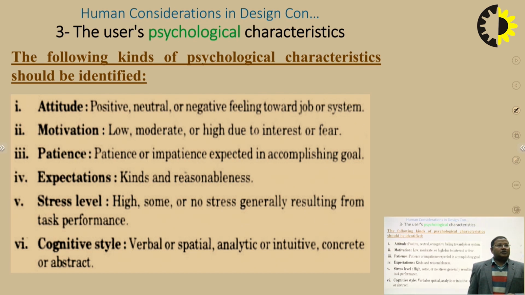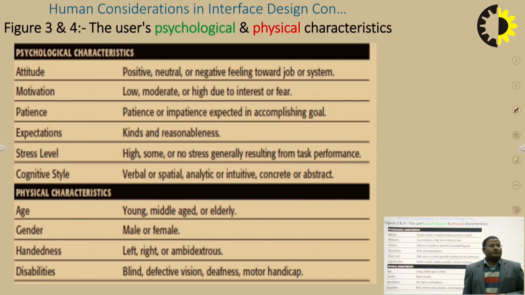Now, the user psychological characteristics. The following kinds of psychological characteristics should be identified: attitude, motivation, patience, expectation, stress level, cognitive style. In case of attitude: positive attitude, neutral attitude, negative feeling.